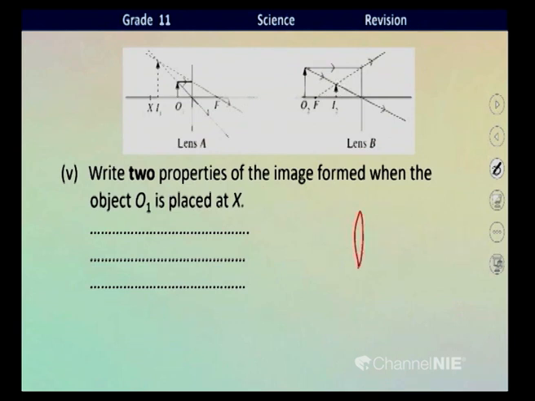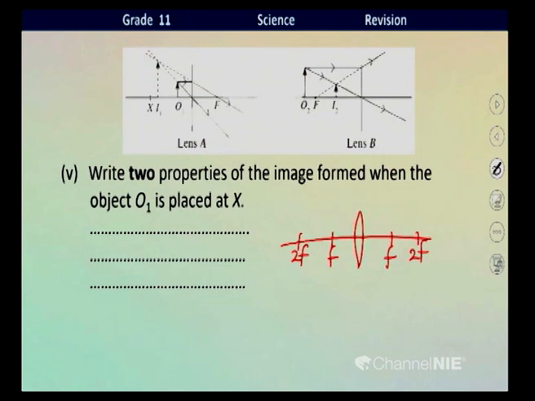If this is the convex lens, this is focus F and twice the focus, 2F. If the object is placed in between focus and the lens, we get an image like that: upright, virtual, enlarged image.